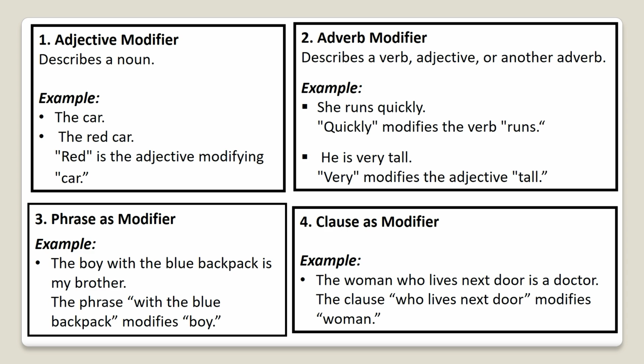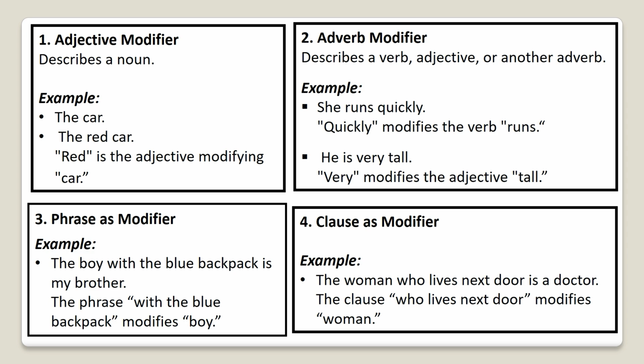So red depicts the color of that car. That may be a green car or a yellow car. These color words tell the feature of that particular car. That's why it's an adjective. So that is called the adjective modifier.